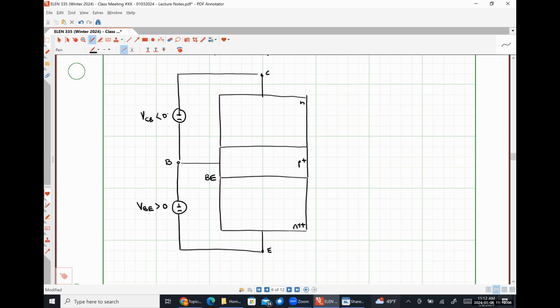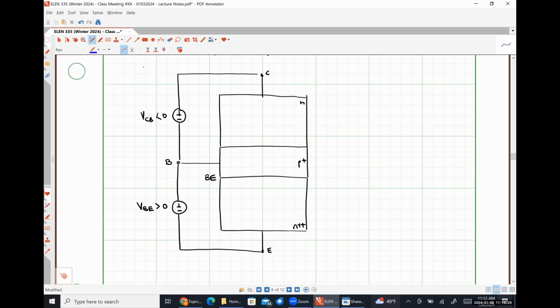All right, so with both junctions being forward biased, the barrier potentials at both junctions are reduced, which is going to enable electrons to diffuse from the emitter to the base across the base emitter junction, and electrons will be able to diffuse from the collector to the base across the base collector junction.